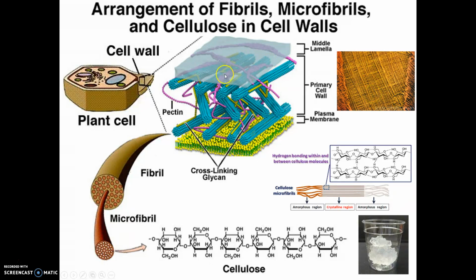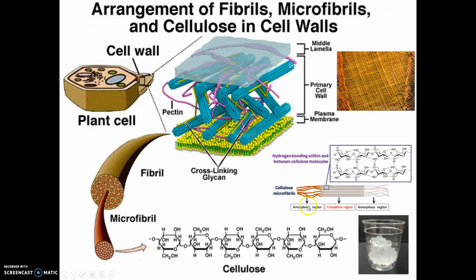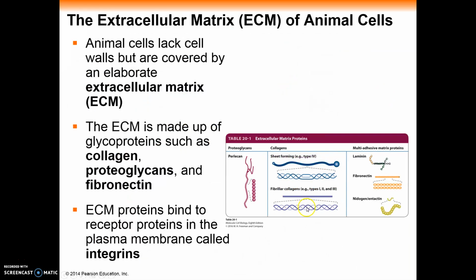Now, as I said, plants have this, but animals don't, but animal cells do have something called the extracellular matrix, and it is built in a very similar fashion. So it has a collection of largely, instead of carbohydrate sheets, these long fibers called collagen that form very long structures that can lay together in mats, much the same way that we see here.